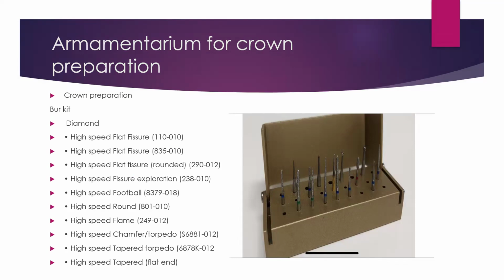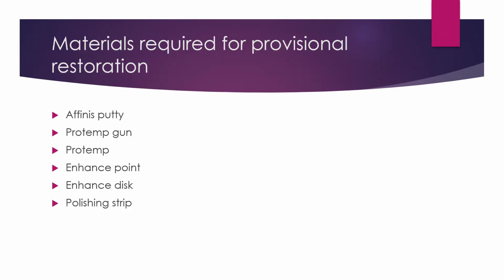What exactly do you require for that particular task? What bur categories do you require? And once you are done with your crown preparation, you should go for the provisional restoration, right? The material you require for the provisional restoration is also mentioned here.